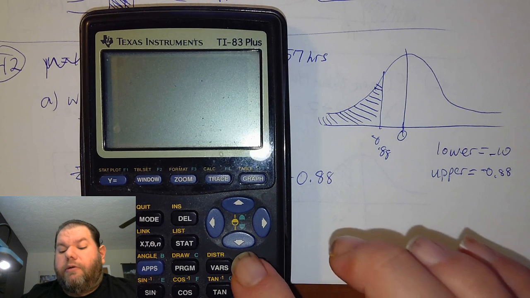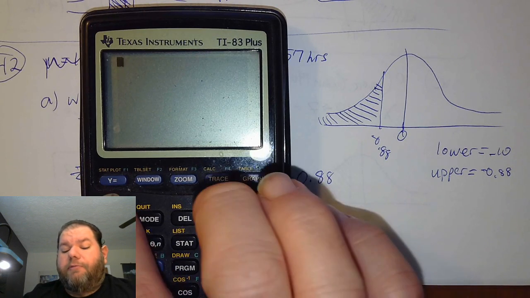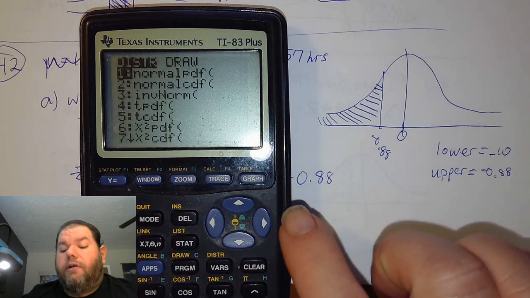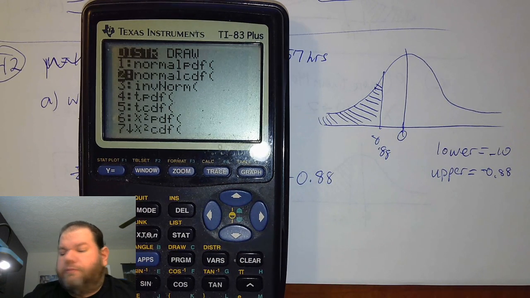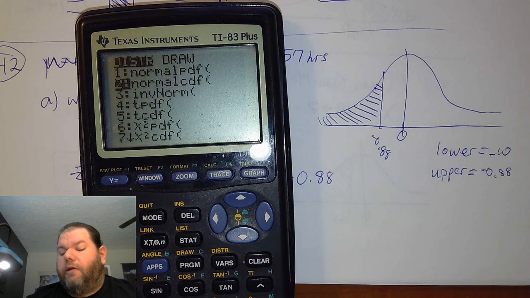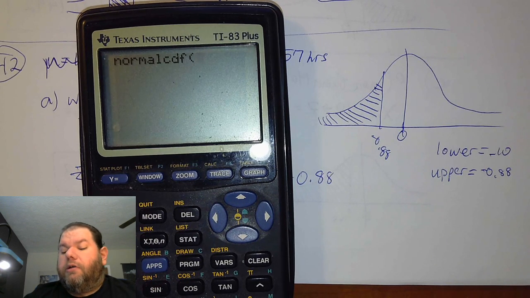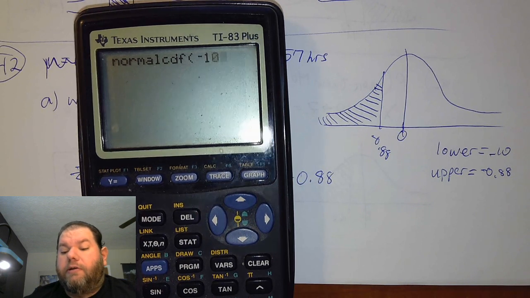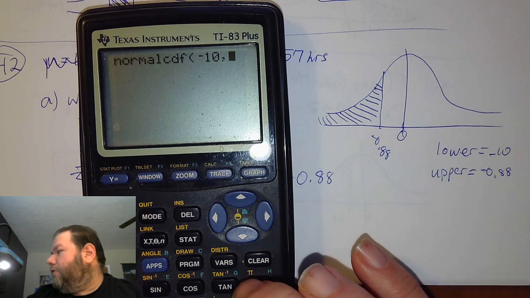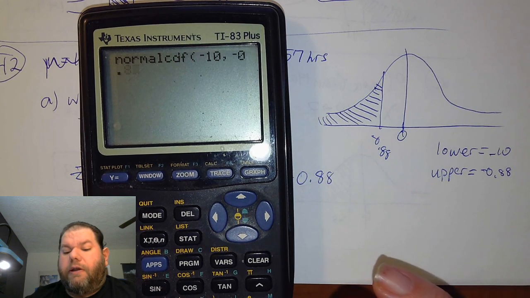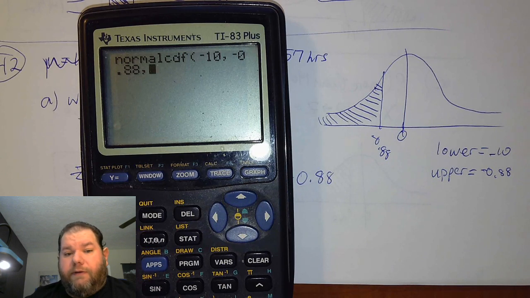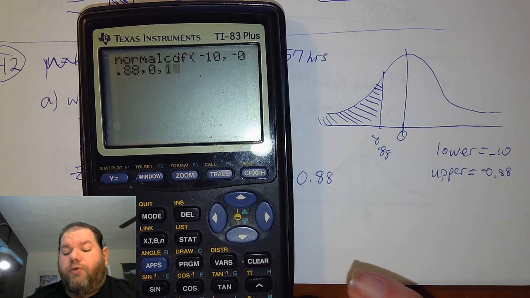Now on the 83s and the 84s, we start off by pressing second vars and arrow down to normal CDF, which is option 2. Press enter. We put the lower bound first, negative 10, comma, the upper bound, negative 0.88, comma, then the mean 0, and the standard deviation 1.